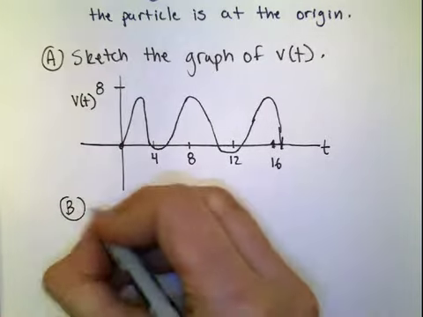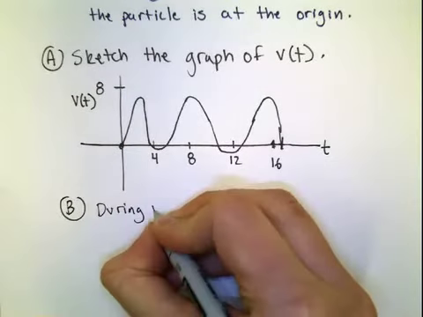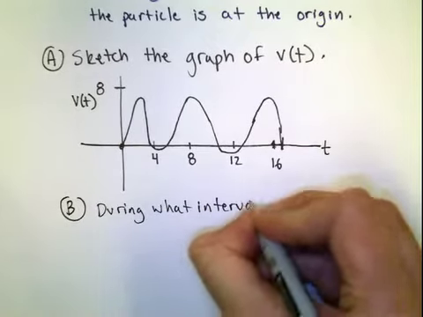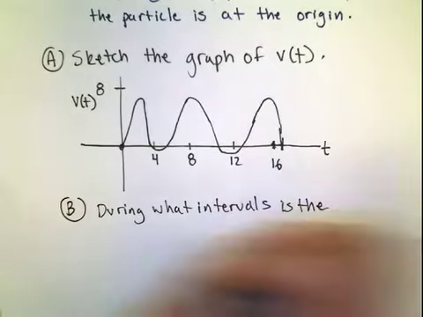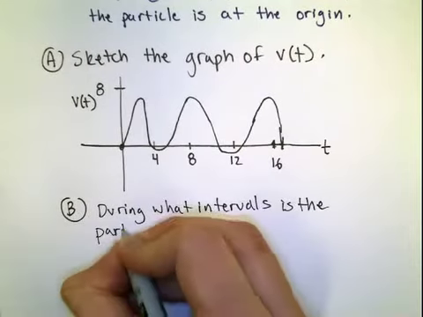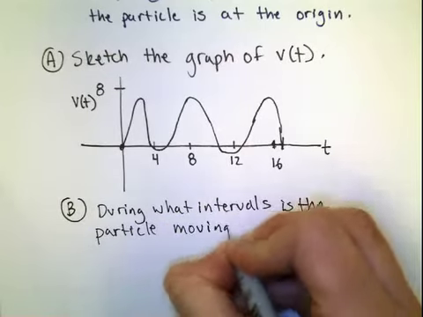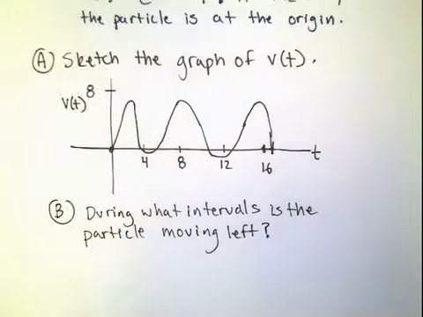Part B is now, during what intervals is the particle moving left? During what intervals is the particle moving left?